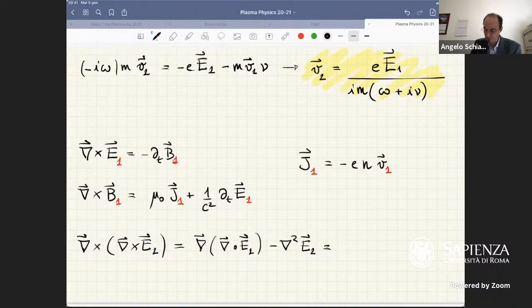So it's equal to minus time derivative of the curl of B. We exchange, as usual, the spatial derivative with the time derivative, we can swap them. Okay, now we can plug in here the Faraday's law. No, sorry, the Maxwell-Ampere's law.